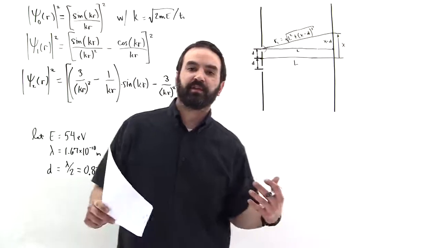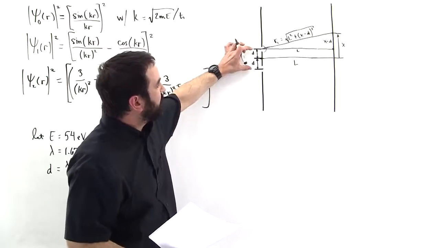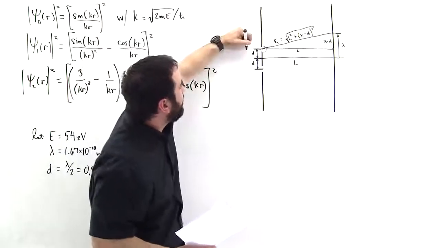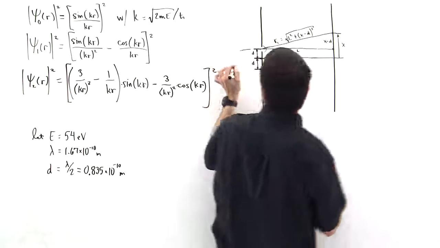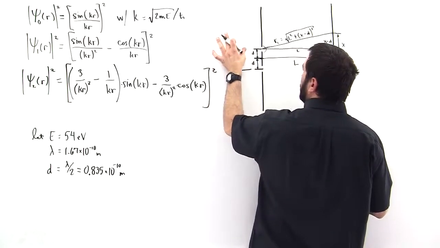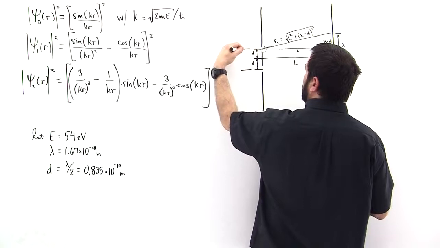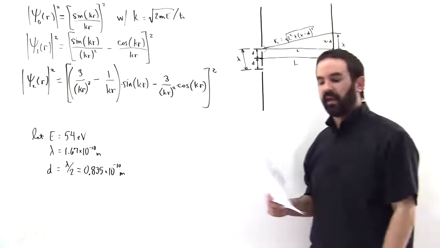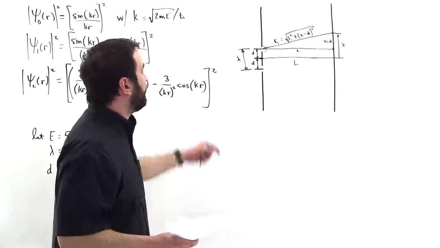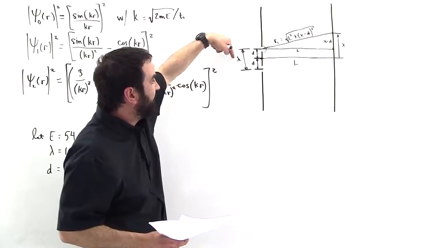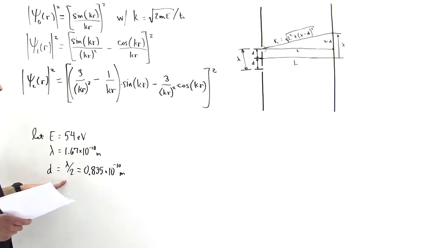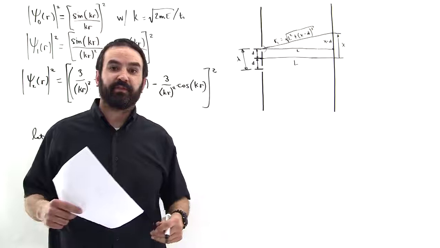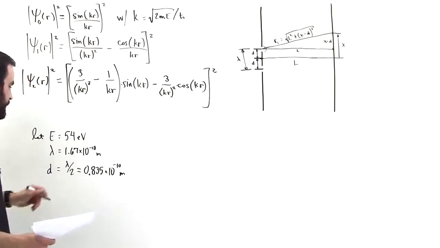In order for interference to occur between two sources, the distance between the two slits, which we see is 2D, from here to here, has to be about lambda. So we see how this is half of this, and that's why I put this here. Because in order for interference to occur, this condition has been observed to be true. All right, so 0.835.